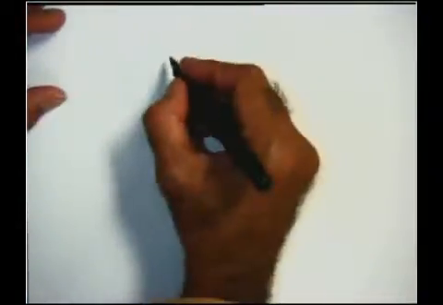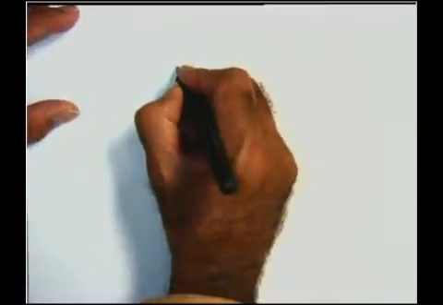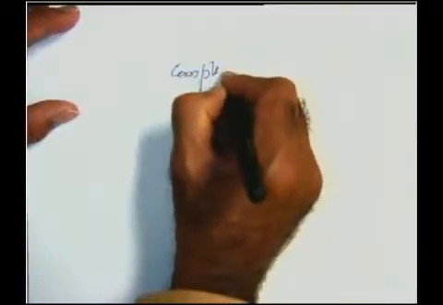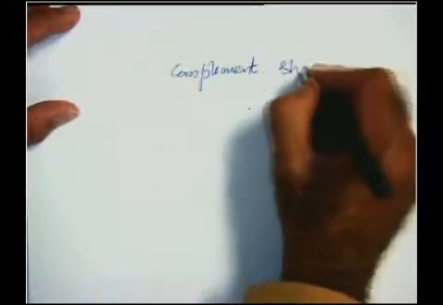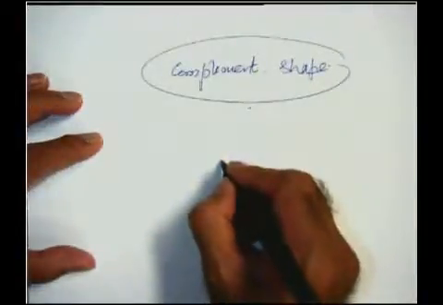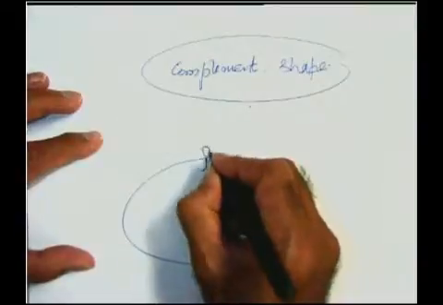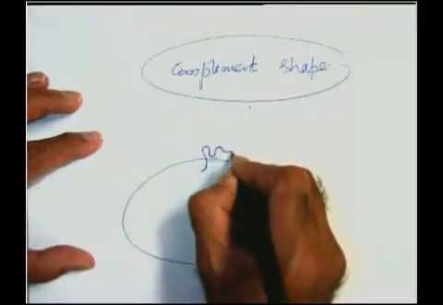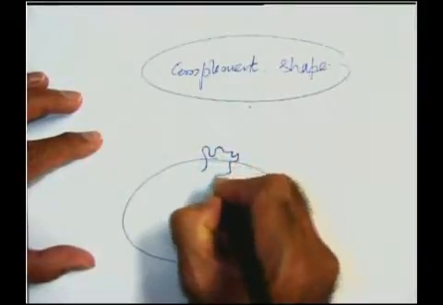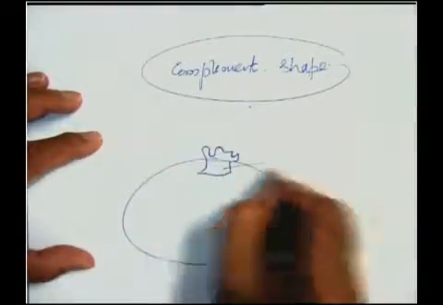As you know very well, the complementarity, right? Complement shape of receptors. Okay, I'll put it there, this one as a cell, and this cell will have receptors like this, like this, like this. So this is a receptor.